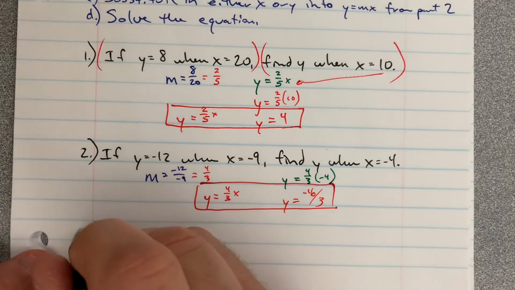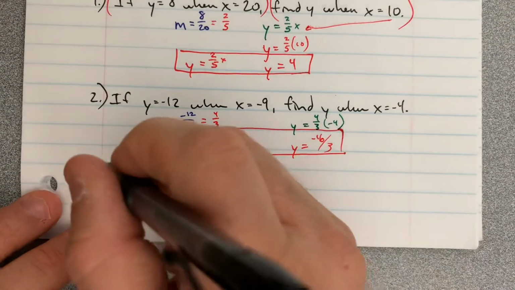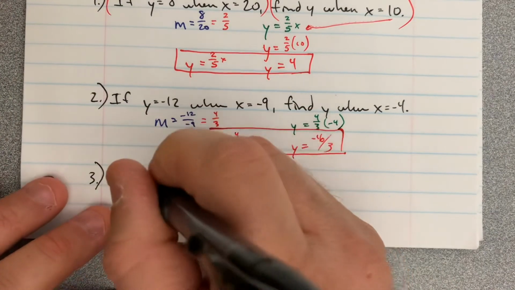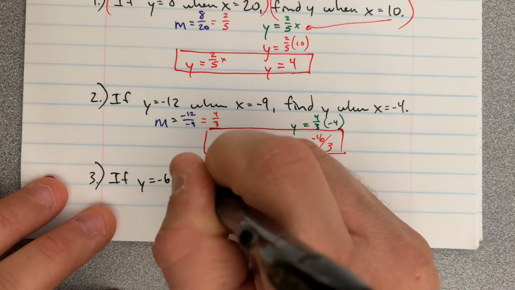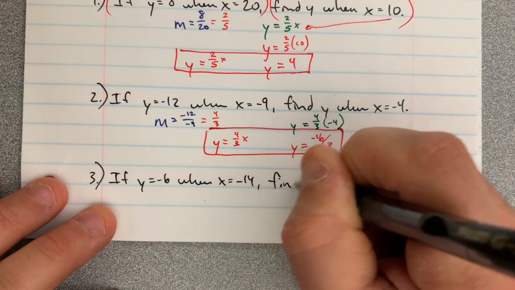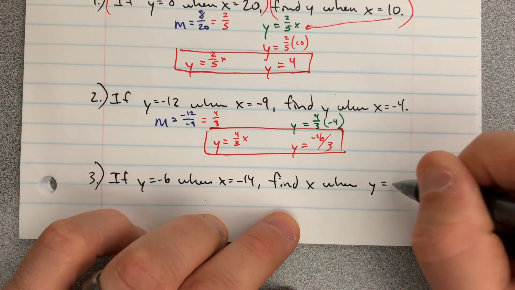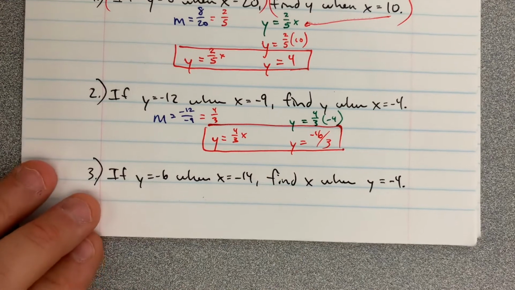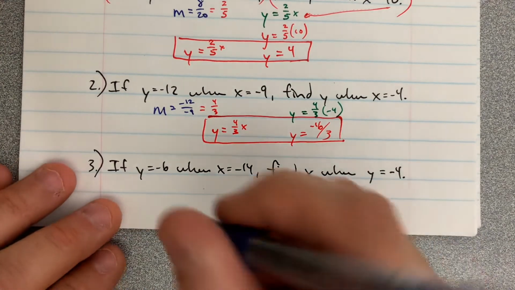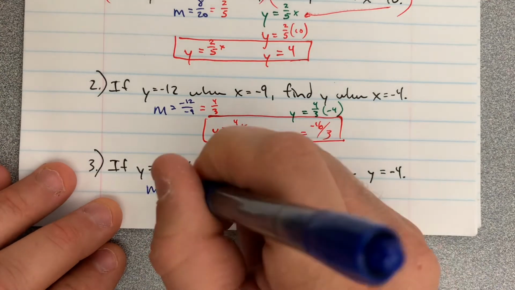All right, let's do one more example, see if we can squeeze it in here. If y equals negative 6 when x equals negative 14, find x when y equals negative 4. So they're switching it around a little bit for us. Still going to find my slope first. Y is negative 6, x is negative 14.